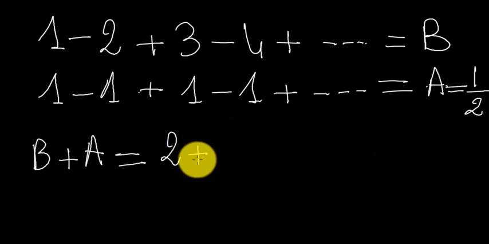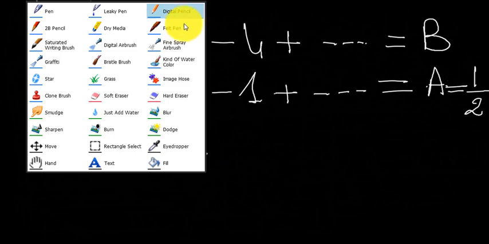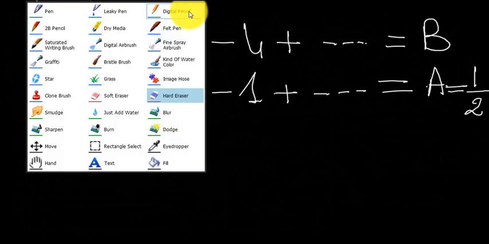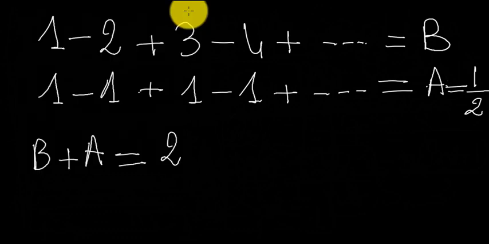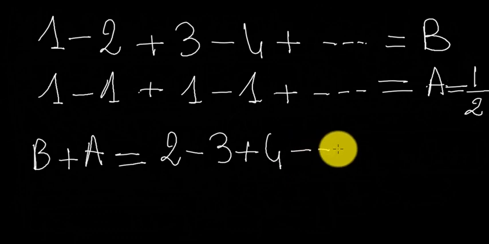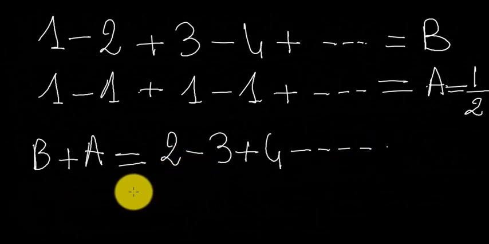This is going to give, in the first part, 1 plus 1, which is 2, plus 2 minus 1, which is... 2 minus 1, which is minus 3. I'm just going to erase this plus sign. Okay, so it's minus 3 plus 4, and it will go on.